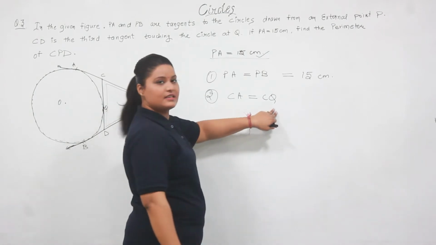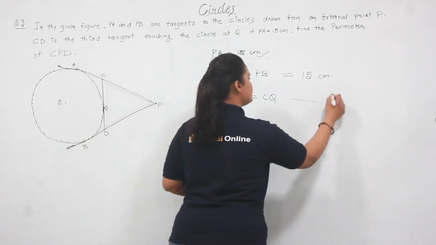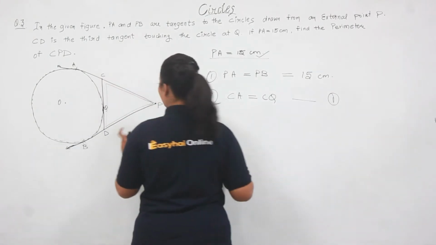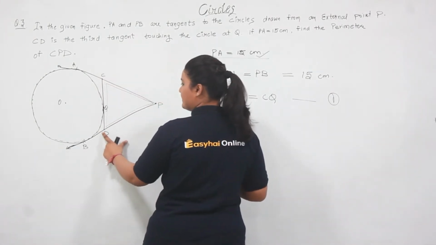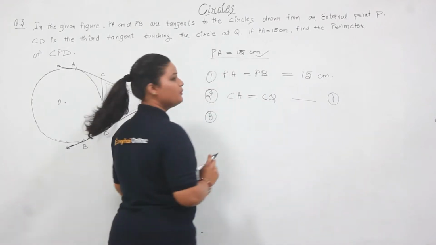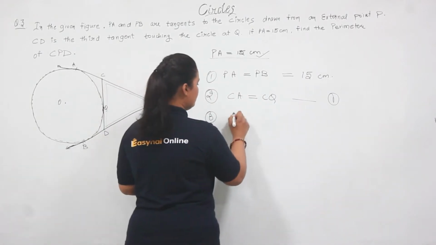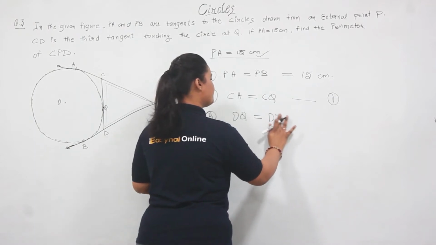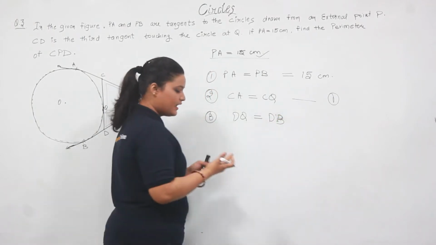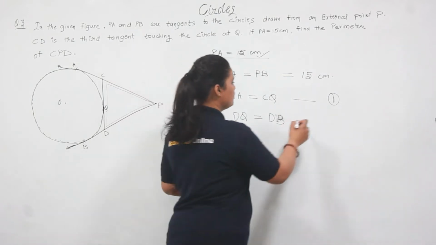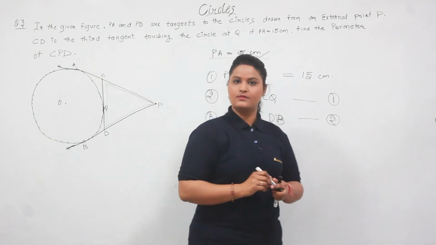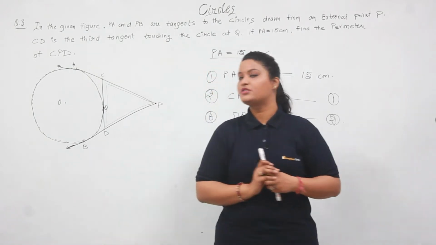We don't know the length of this, so I'll mark it as equation 1. And the third tangent, from point D, DQ is equal to DB, right? So DQ equals DB. Again I don't know the length of it, so I will mark it as equation 2. I hope it is clear which tangents are equal to each other.